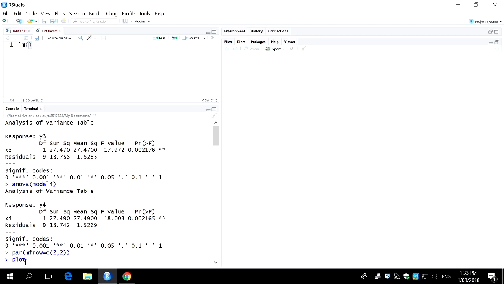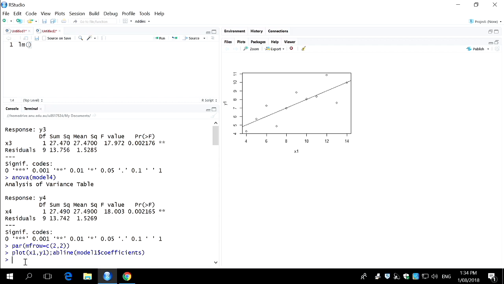And I'm going to plot x1, y1 and I'm going to add a line which is the model that I just fit. So I'm doing all that in one line. You can do that if you put a semicolon in, it's like you hit carriage return. So you can do stuff all in one line if you want. And there's that first plot.